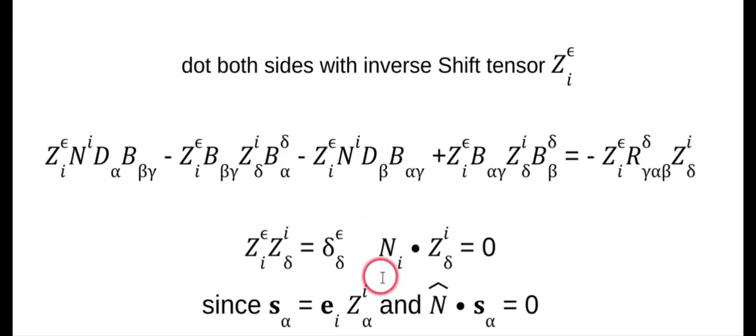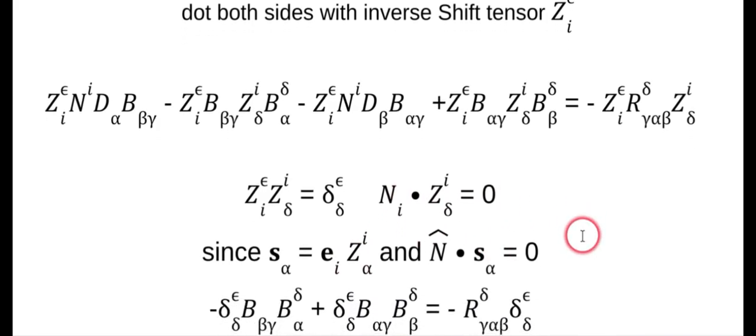And the normal component of the normal vector dotted with the shift tensor is equal to 0, because the normal vector is orthogonal to the surface basis vector. So if it's orthogonal, it's equal to 0. And the surface basis vector is related to the shift tensor via this. So if this is true and related in this manner, then this must be true. That's in video number 1, and this is in video number 2.